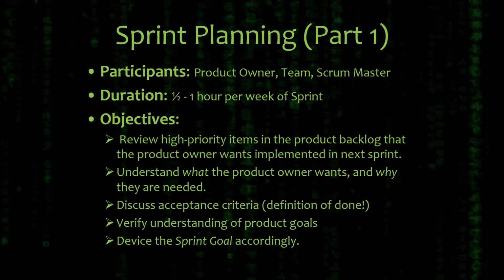When we say I want this, this is what I really mean. Usually it's, I didn't think that you meant that one. So when you say I want this, it has to be clearly mentioned what is done, what is meant by done, right? Then you have the goal of the sprint.